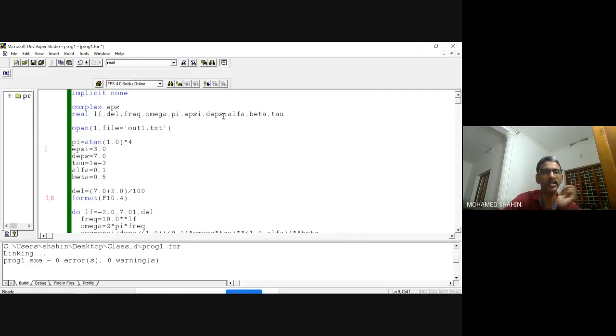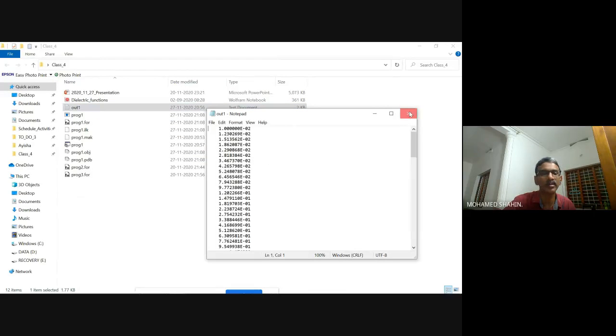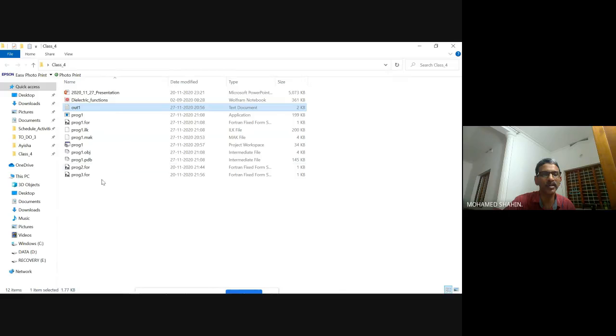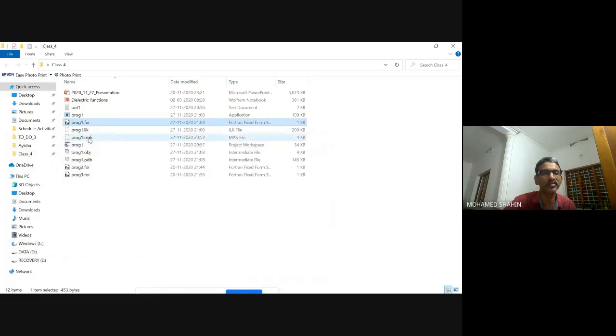Okay, I remove that. This is how build, rebuild all. Okay. Now you can see that it is generator data out 1. Okay, let us see. I have not saved anything. Prog 1. So prog 1 is here.